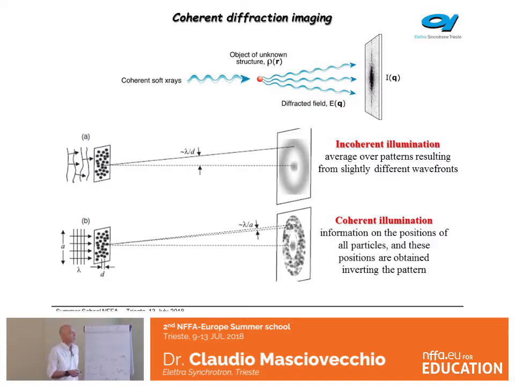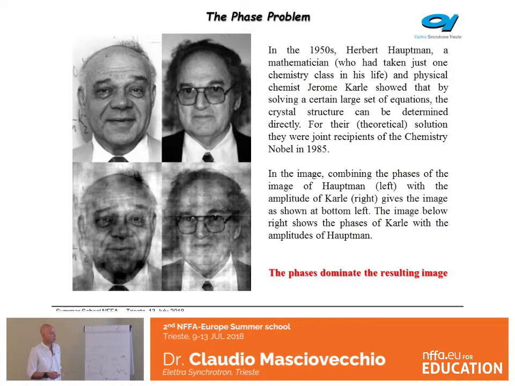One problem is that when you do this kind of experiment, you get the diffraction pattern, you know the intensity of your rays, but you don't know the phases. And to understand the structure of the object, you need to know the phases. For example, I have this funny slide here where you have two Nobel Prize guys that were developing a code to understand how to recover the phase.